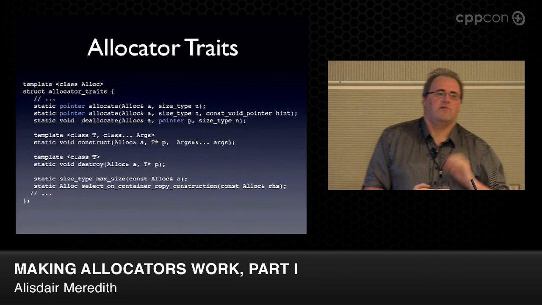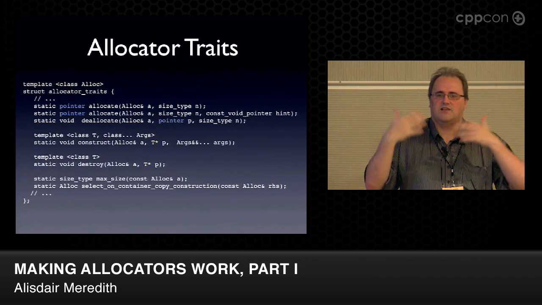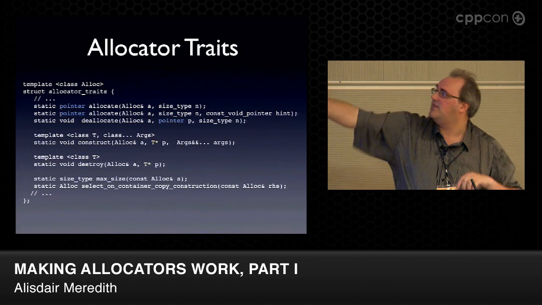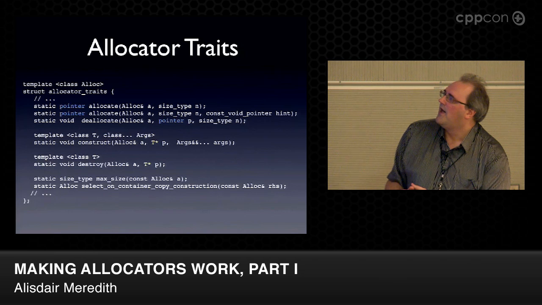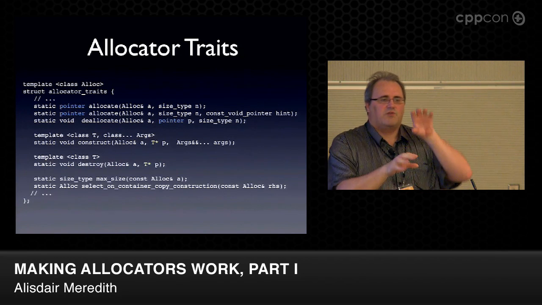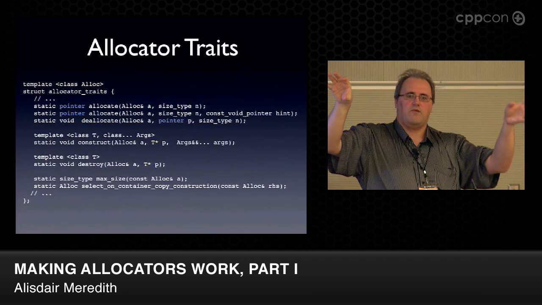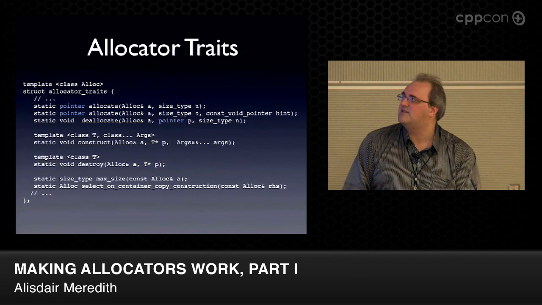Construct and destroy are interesting customization points. Typically, when you're thinking, I just want to construct, you've given me back the pointer, I'm going to do an in-place new of that element, and I can now, in C++11, perfectly forward that parameter pack of arguments. But sometimes allocators want to do something interesting here. I might want to store a bookkeeping cookie before or after the object, so I can then query that when I'm doing subsequent allocator operations and doing various sanity checks.